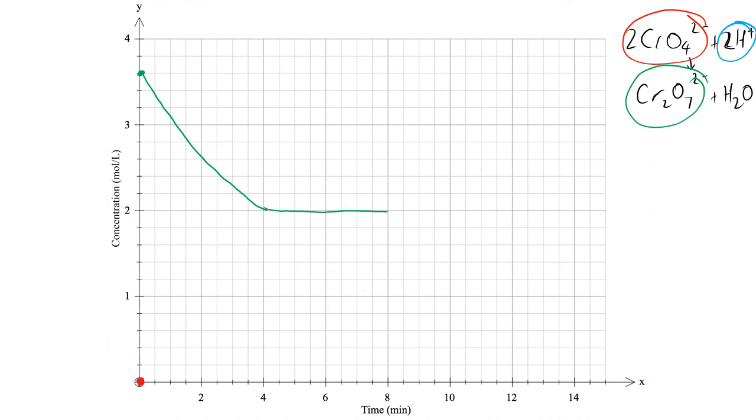So where does equilibrium get established? At time 4 minutes. 3.2 is here. So you go and draw the curve. Okay. And same with the H+ because they're on the same stoichiometric ratio. Alright. So that would be how you would draw that concentration time graph if you started with only Cr2O7 2-.